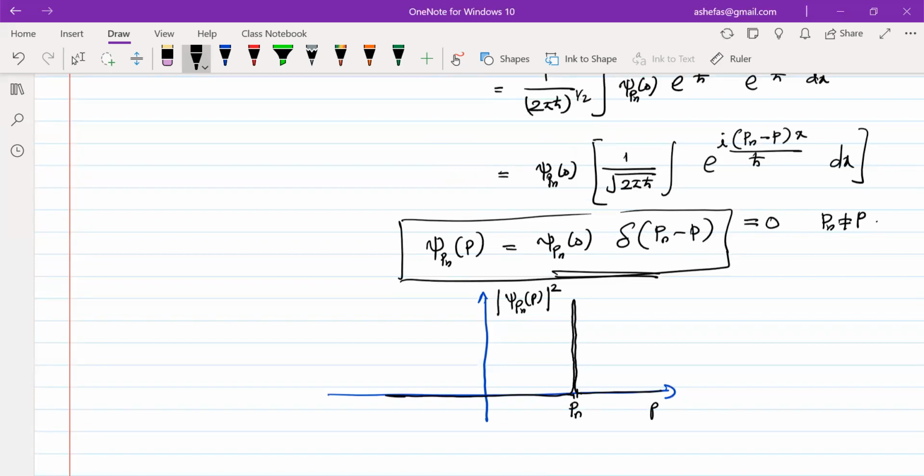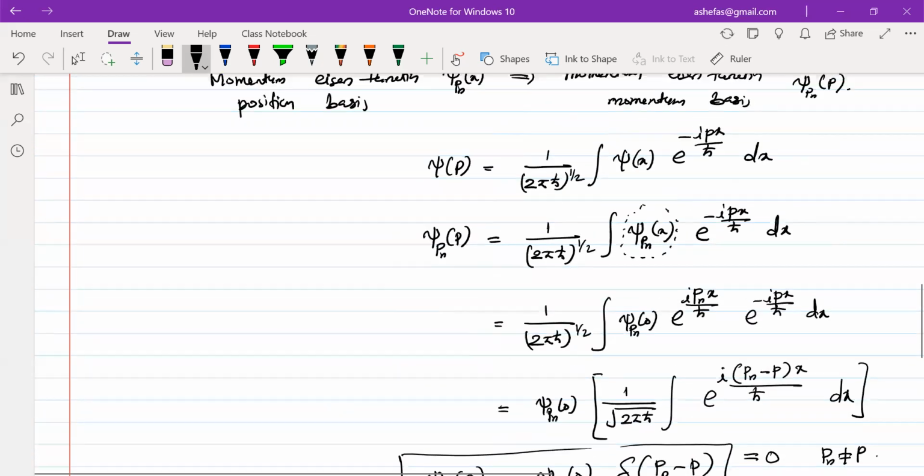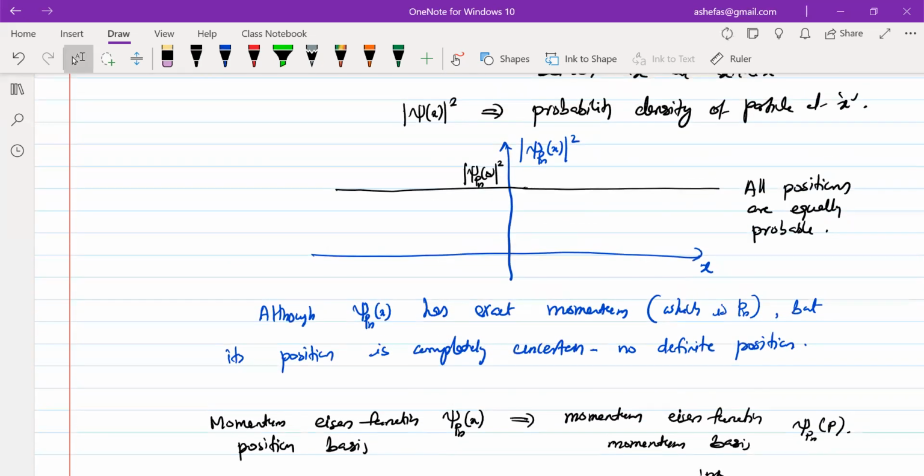So the mod square of this wave function, the momentum eigenfunction, has a definite value, and its definite value is p equal to Pn. It has a definite momentum. So this momentum eigenfunction has a definite momentum which is equal to Pn, but it does not have a definite position. The position is completely uncertain.